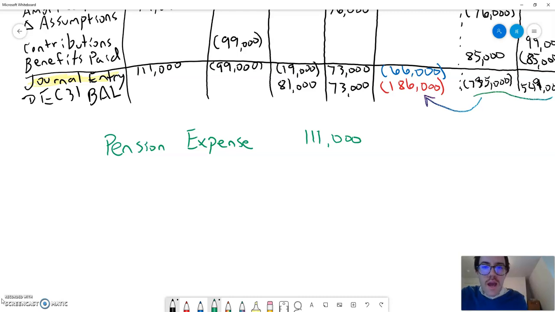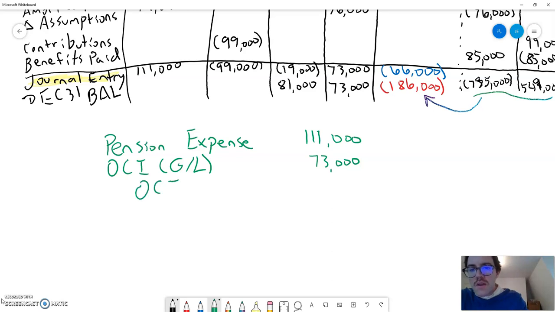What other debit do we have? We have other comprehensive income, gain/loss, 73. We have other comprehensive income, prior year service costs, being credited for 19,000.